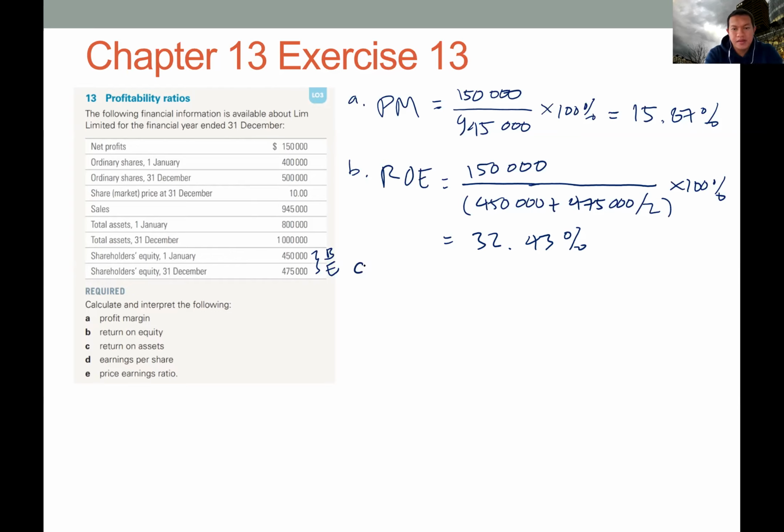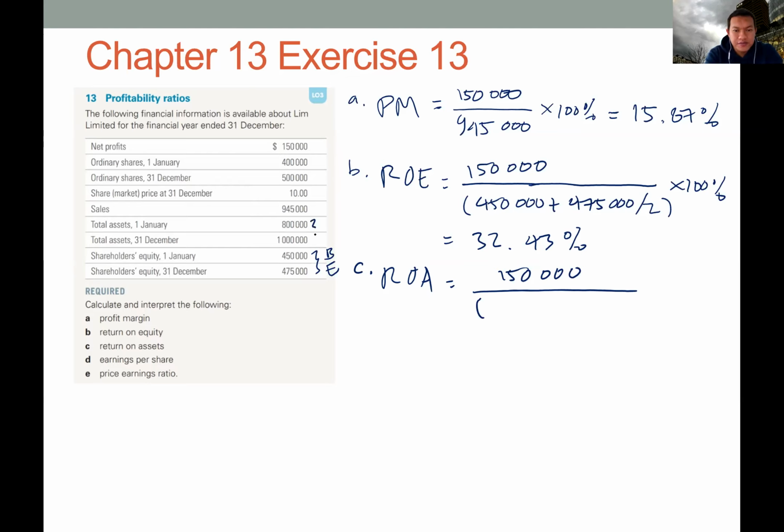Next is return on asset. So we have the net profit divided by the average of total asset. So 150,000 divided by assets. Asset is this one.